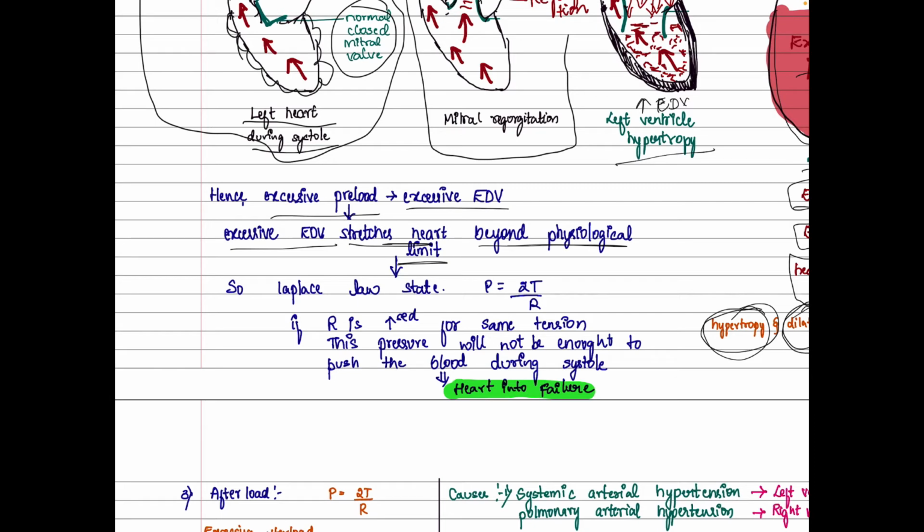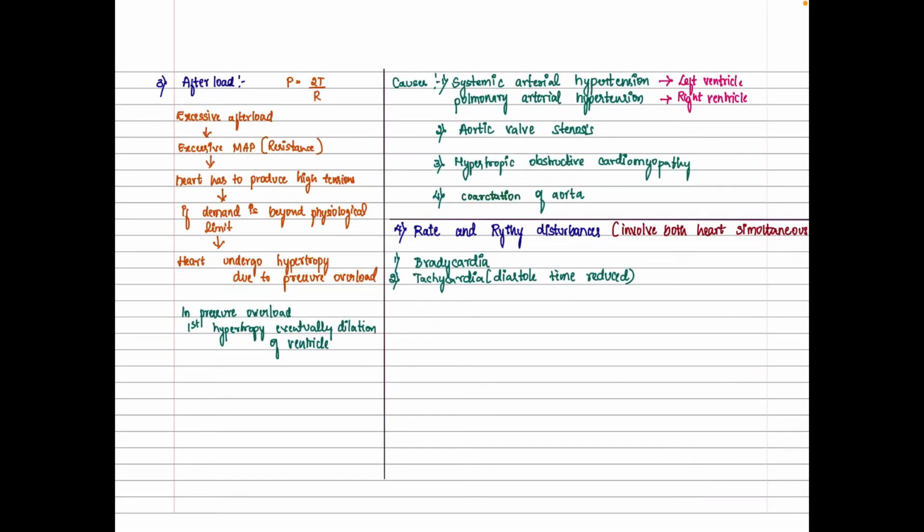So Laplace's law states that pressure is directly proportional to tension and inversely proportional to radius. If the radius increases for the same tension, this pressure will not be enough to push the blood during systole. This causes heart failure.